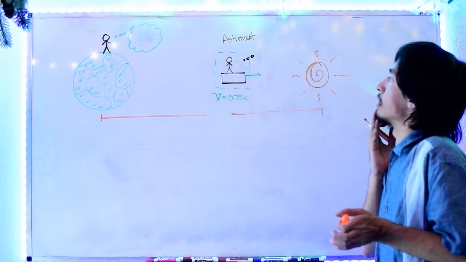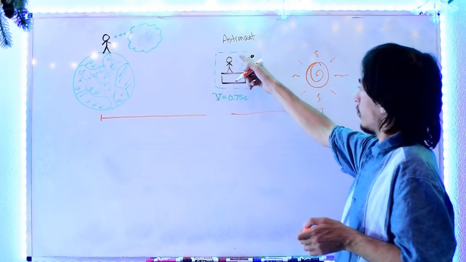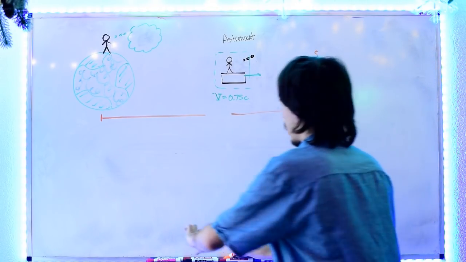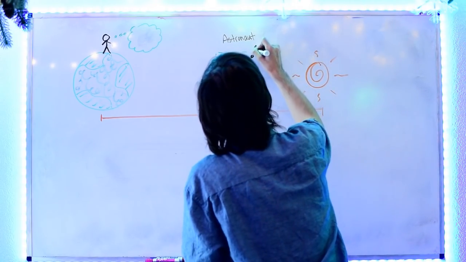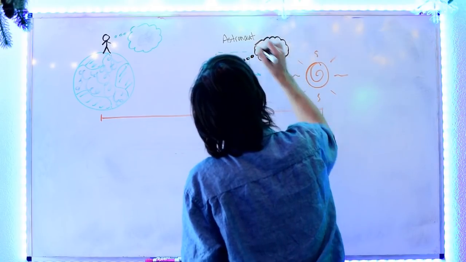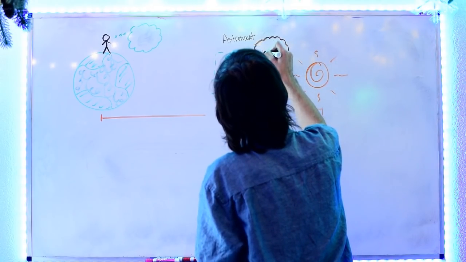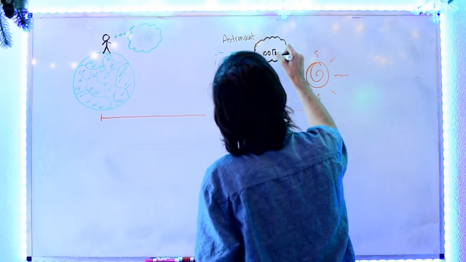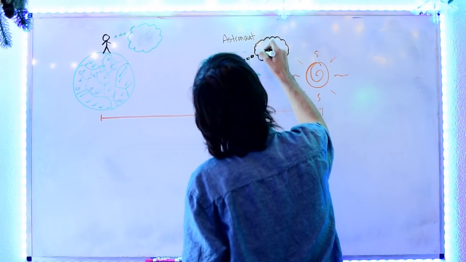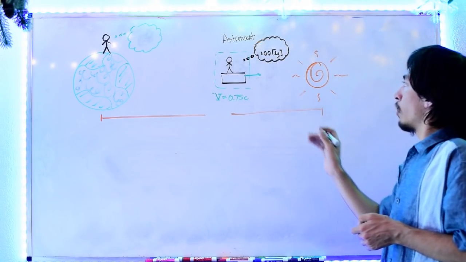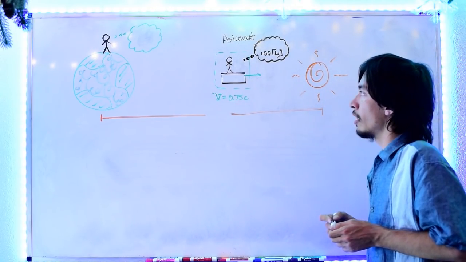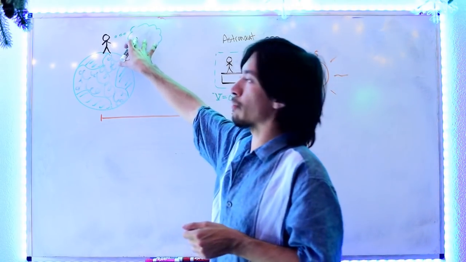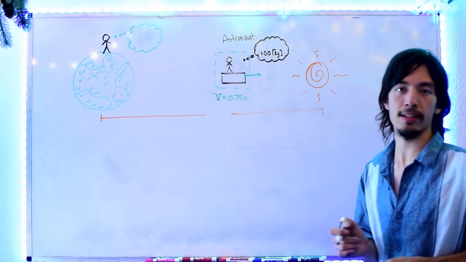For instance, I'm telling you that the astronaut measures that distance to be 100 light years, LY. So according to the astronaut, it's 100 light years between the Earth and the star. Now, my question is, what does the person on Earth say that distance is?